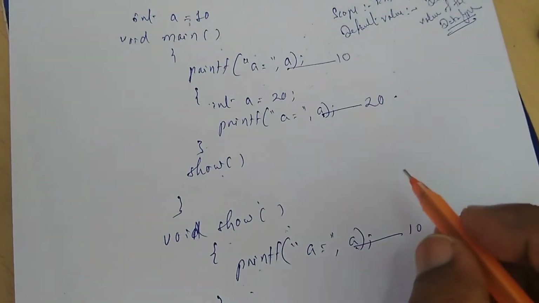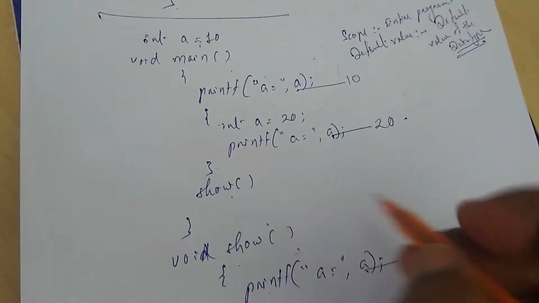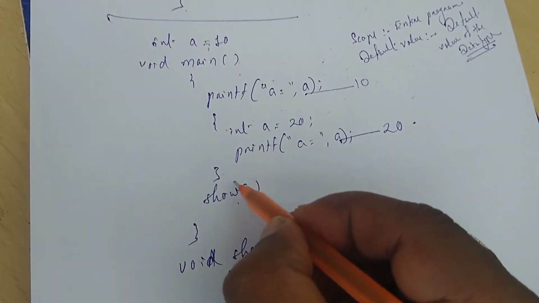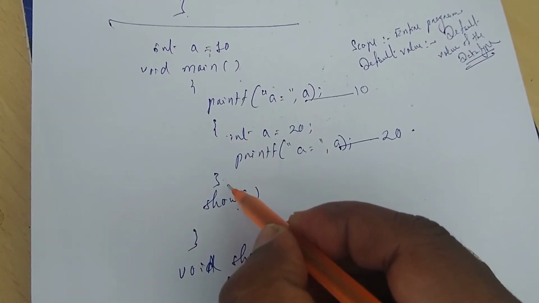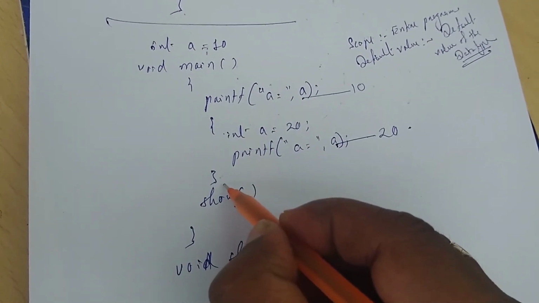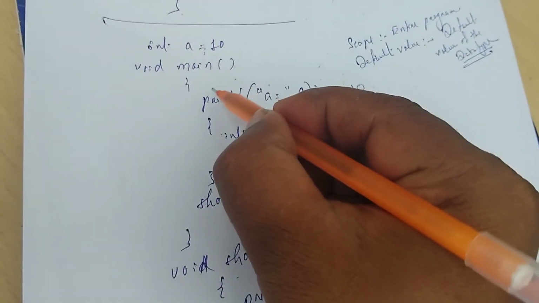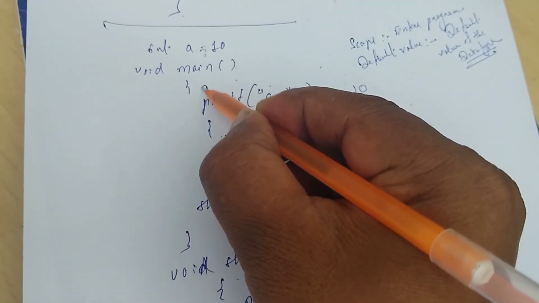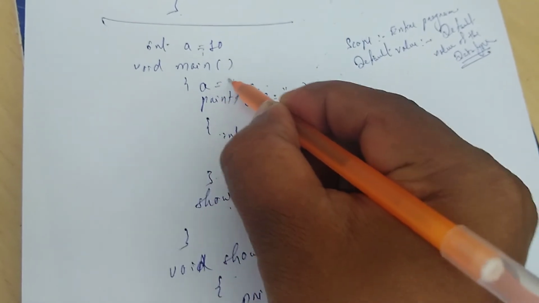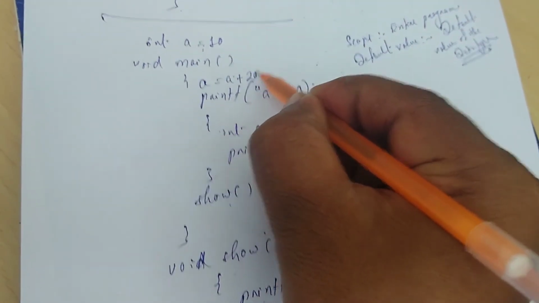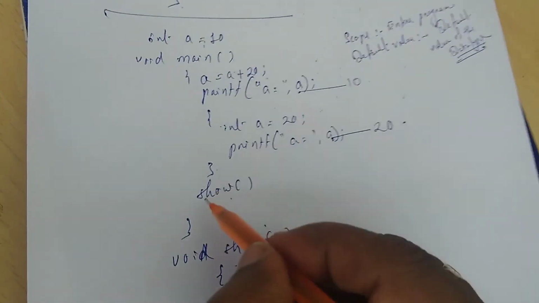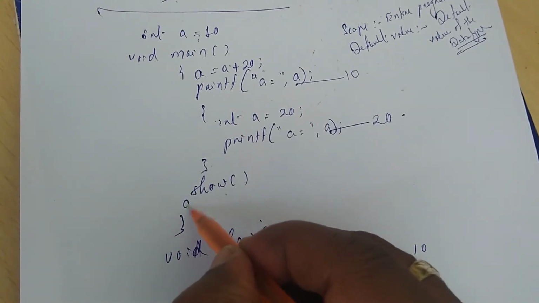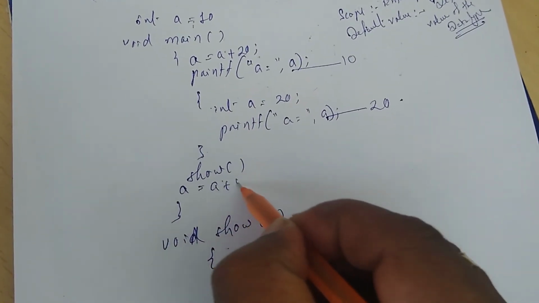Alright. So if we slightly modify this function like this, suppose here inside it, I'll add a equals to a plus 20. Got it? And here I'll do a equals to a plus 5.